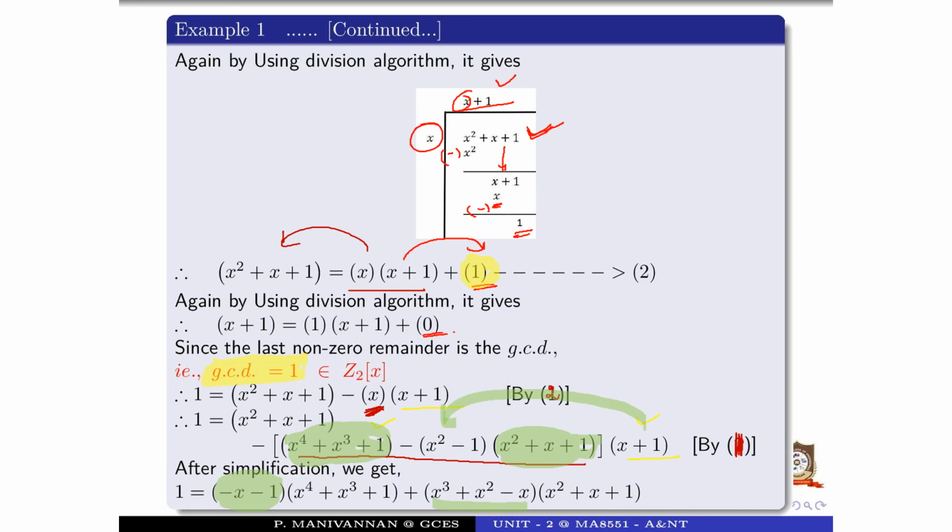So after simplification we get the GCD as a combination of the given two polynomials. What are the given two polynomials? This polynomial and this polynomial. So this is s(x), this is t(x). The GCD equals s(x) f(x) + t(x) g(x). Thank you.